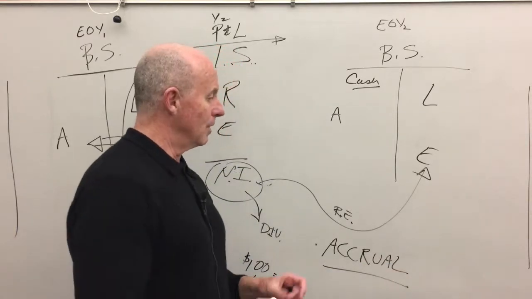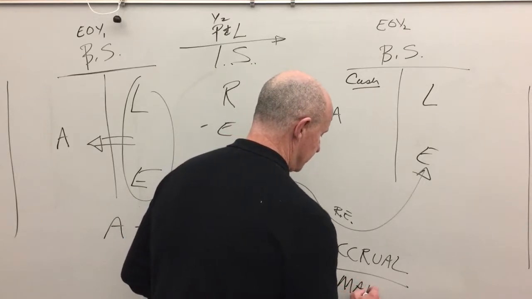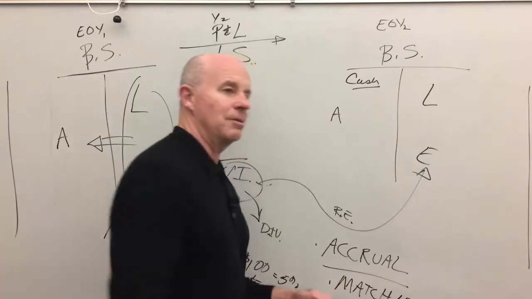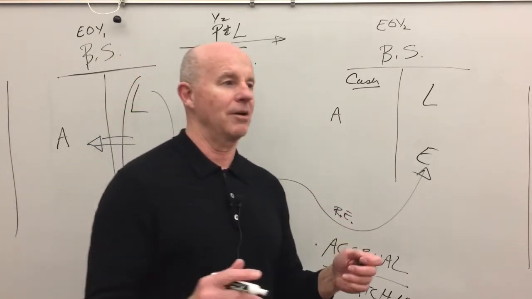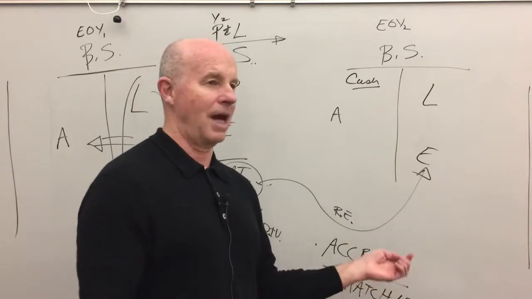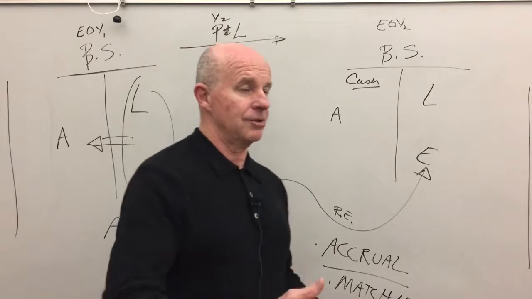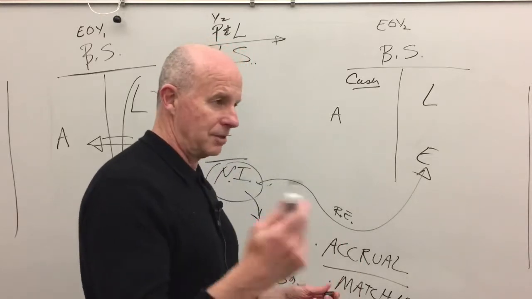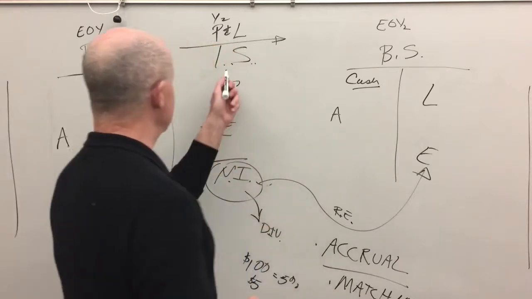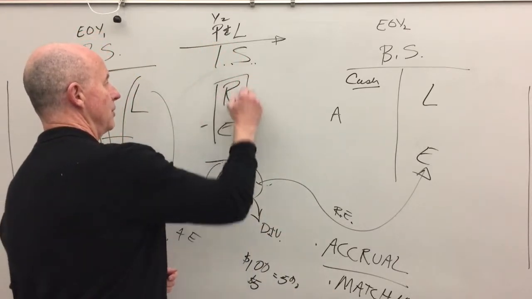So the big thing in accrual accounting is the matching principle, right? And all this is about trying to make things transparent and make your books understood by someone who isn't active in your business every day, like your banker or an investor or the taxing authorities, all those kind of people. So the matching principle says that we want to match an expense with a revenue.